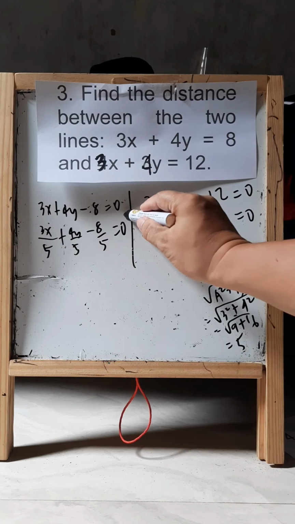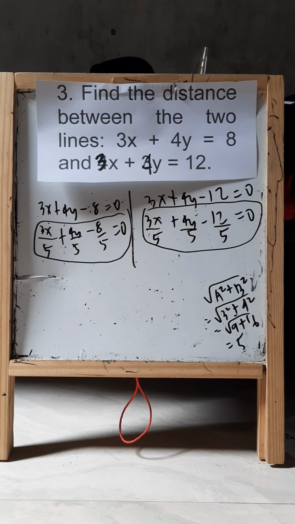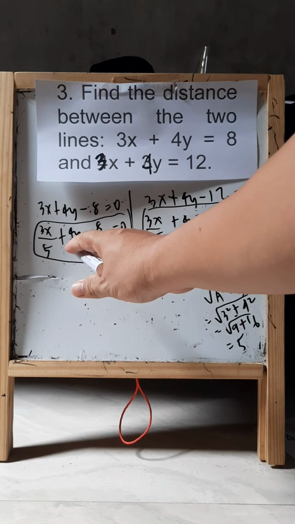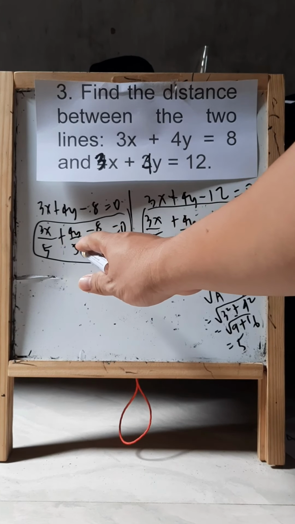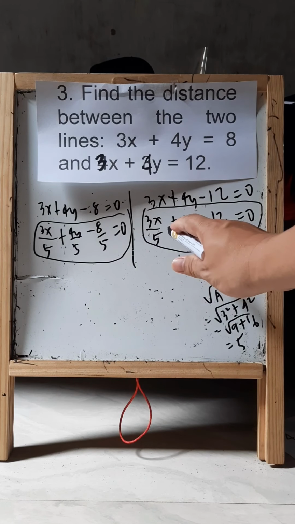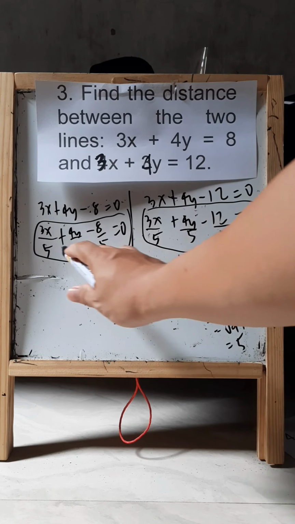So this is now the normal form of the two equations. For 3x plus 4y equals 8, the normal form is 3x over 5 plus 4y over 5 minus 8 over 5 equals 0. For 3x plus 4y equals 12, it is 3x over 5 plus 4y over 5 minus 12 over 5.